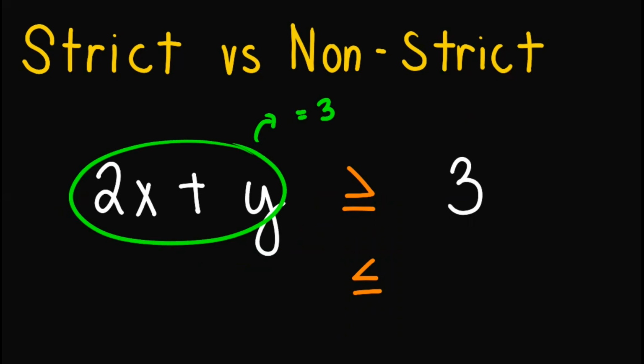That's an important thing to take note of, since oftentimes in solving inequalities, you'll see this symbol with an equal sign, as in some cases it's nicer to solve non-strict inequalities.